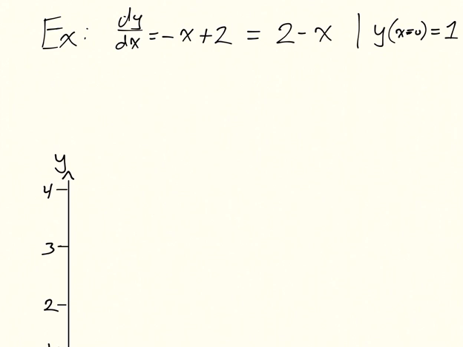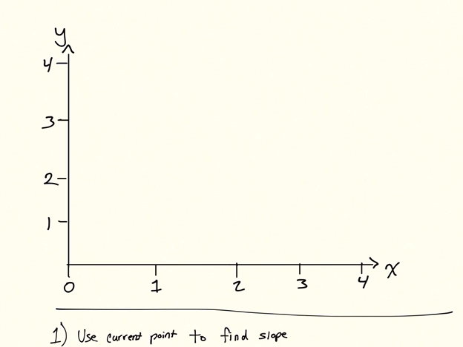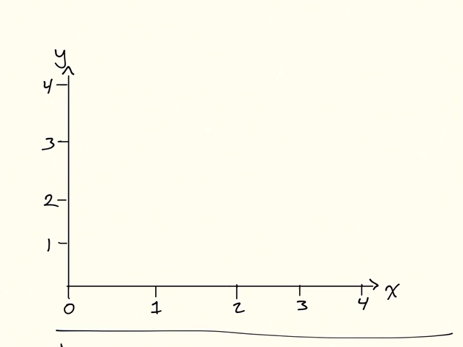And I told you that dy/dx is the slope. So this is the slope. And how can we use that to find the solution? Well, let's just look at our plot down here. And on this plot, we're going to find the solution. So how do we do that?